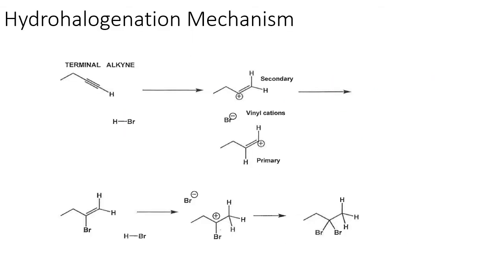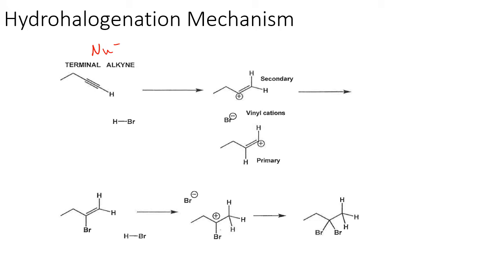So starting off, we have our alkyne, which we know is going to function as our nucleophile, which is our electron-rich species. And this page shows the mechanism for using the full 2 equivalents of our hydrogen halide, but I'll show you where you would stop in the mechanism if you only used 1 equivalent.